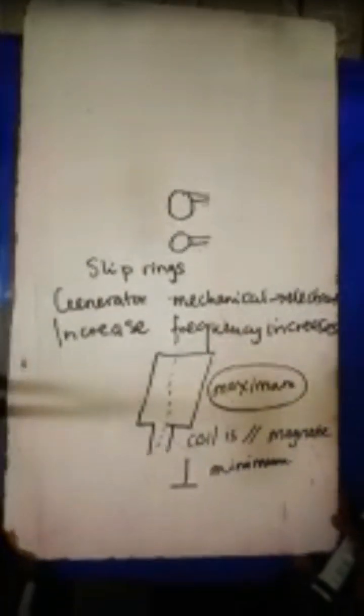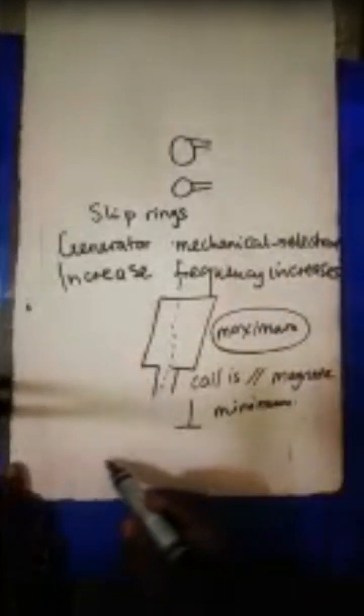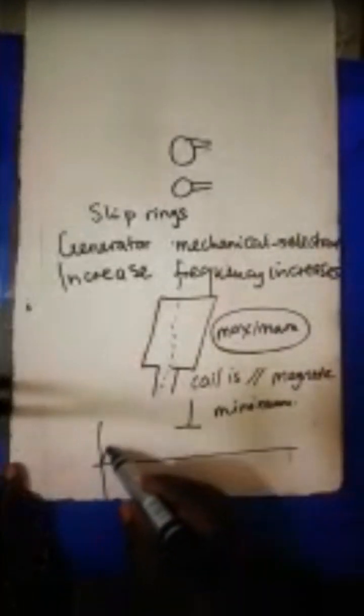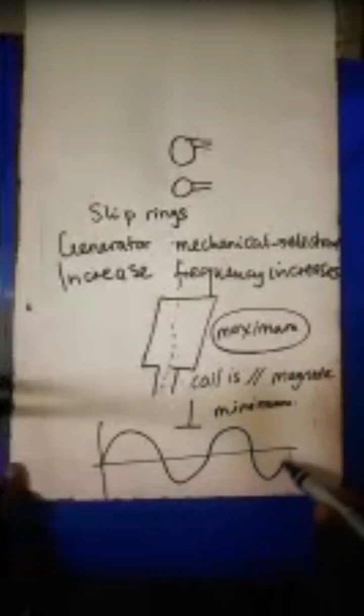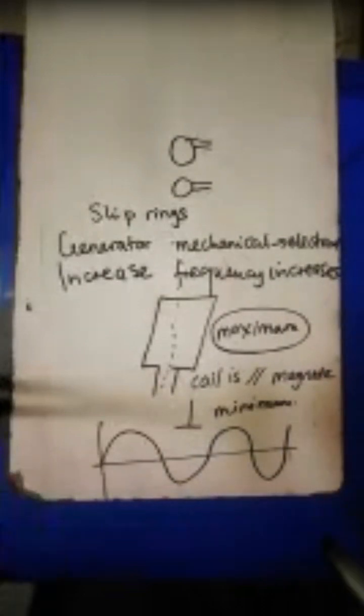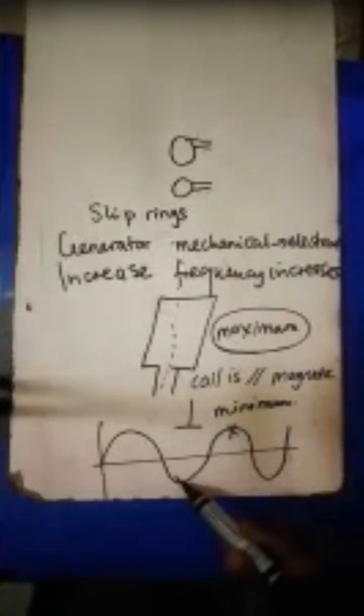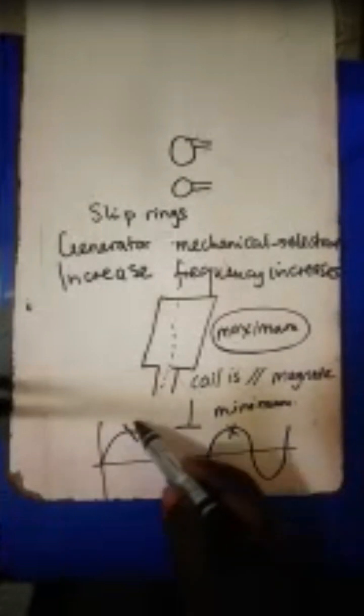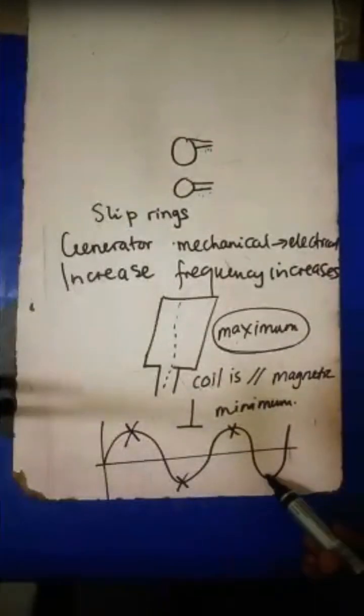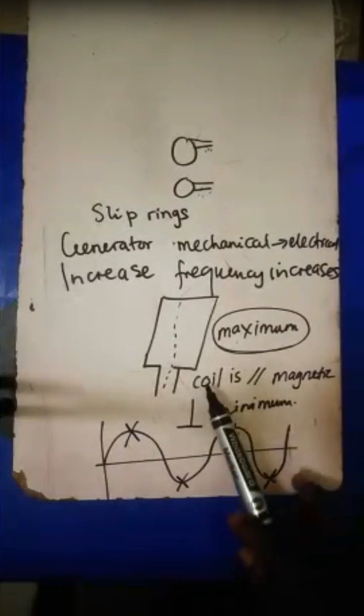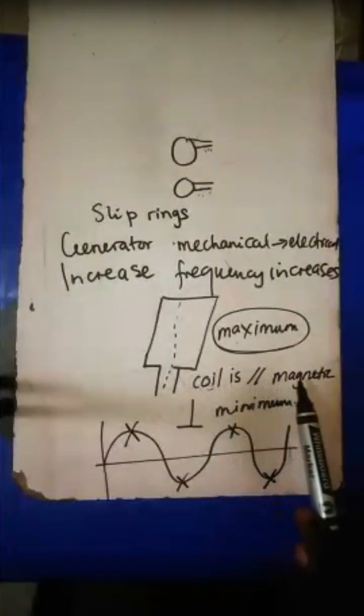Remember last time when you drew a sketch graph of an AC generator, something like this. These points here, where I'm crossing with an X, we call maximum points. It means the coil is parallel to the magnetic field.